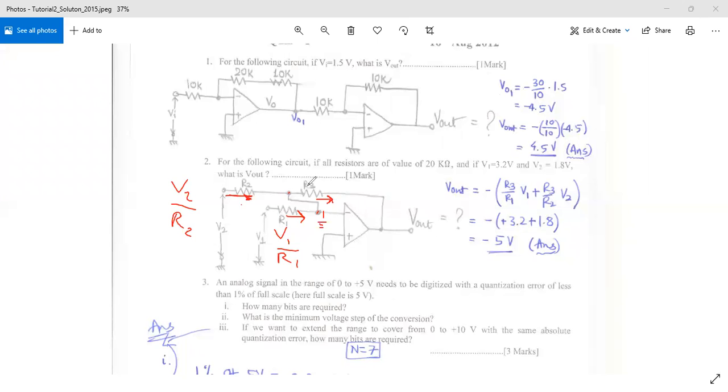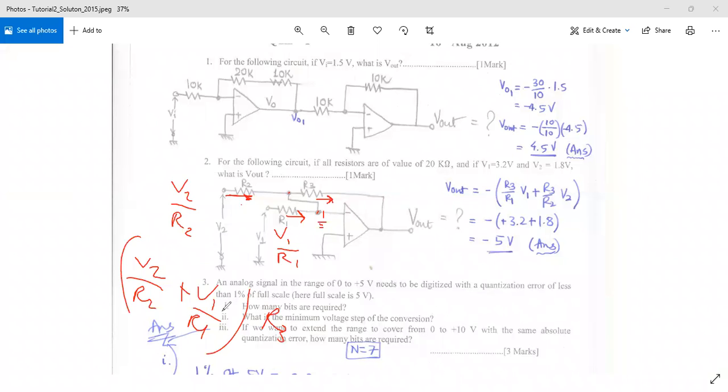So if I add these two together, that would be V2 upon R2 plus V1 upon R1, whole thing multiplied by R3.